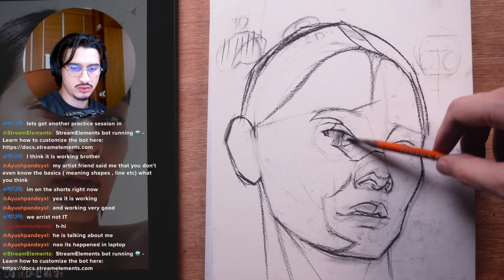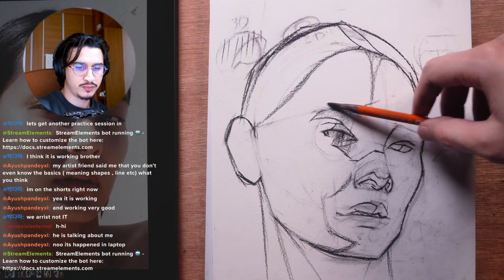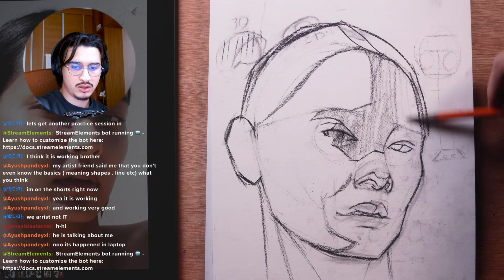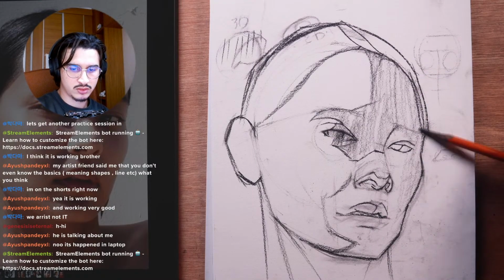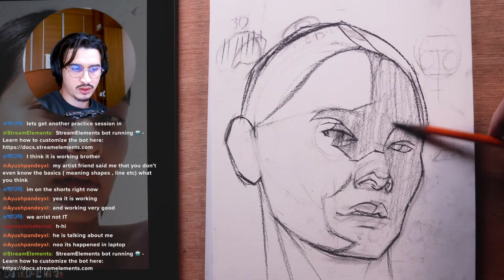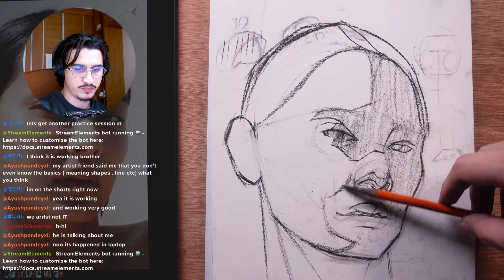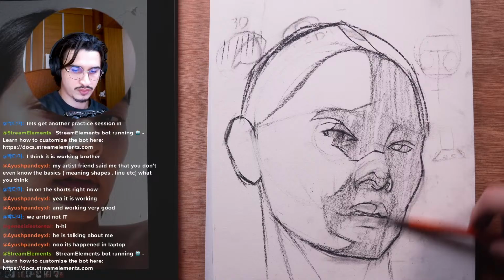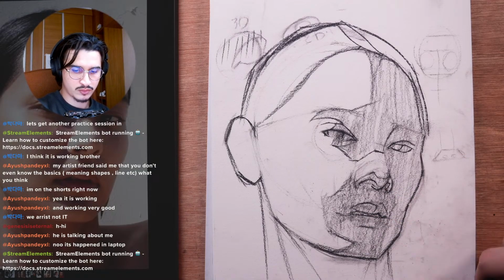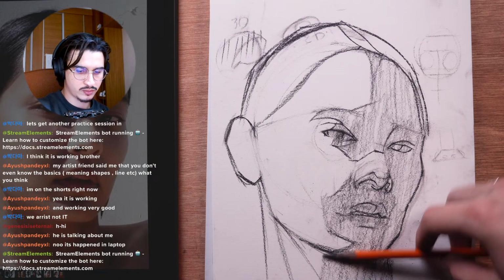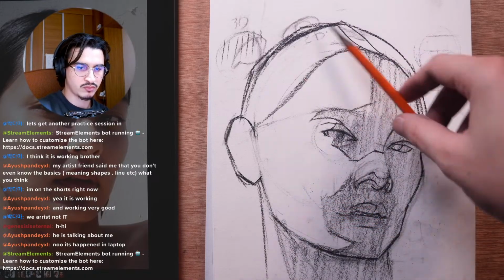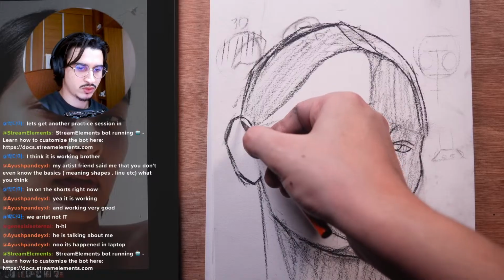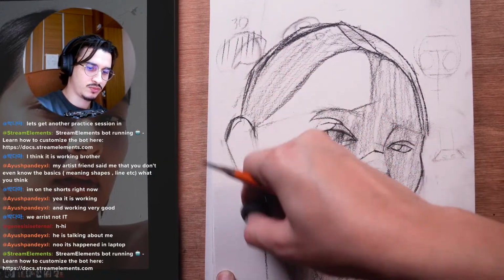I'll just hope it turns out okay. And this is the last time I will ever pick a reference like this one. Complicated angle. I forgot about the ear. I need to draw it.